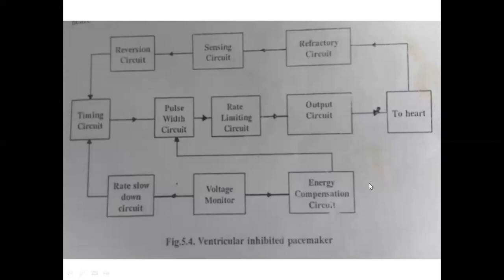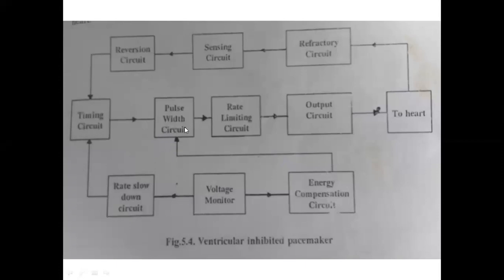If the generated signal does not have enough energy to transfer to the ventricles, meaning the pulses produced from the AV node do not have enough energy to travel to the entire ventricles, then the energy compensation circuit provides more energy to the pulse width circuit.